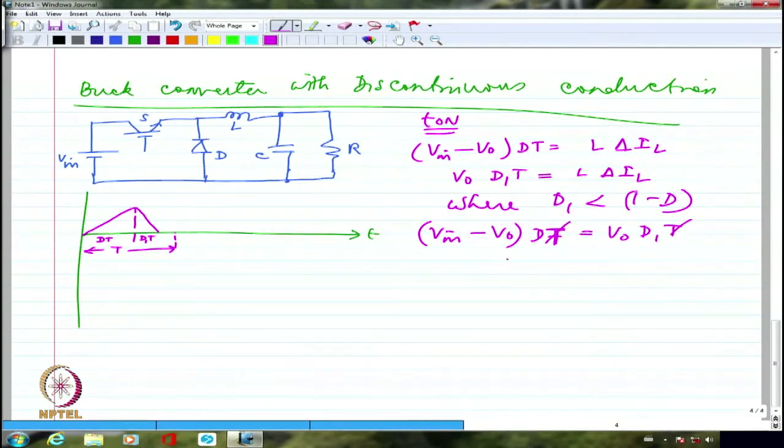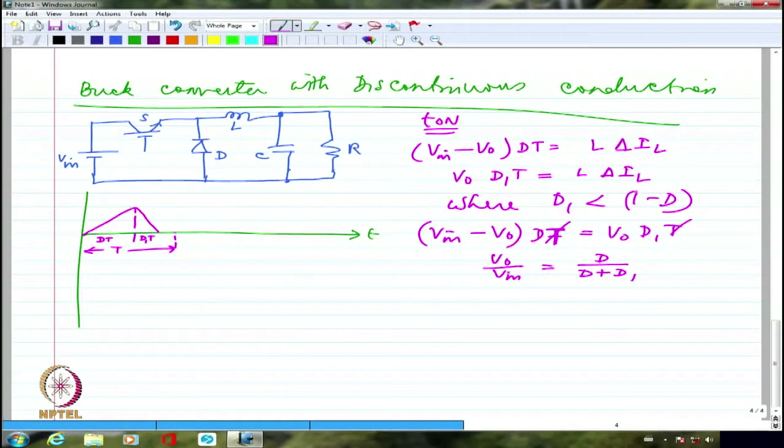So V naught divided by V in is going to be equal to d divided by d plus d1, right? When it was continuous conduction, d1 was equal to 1 minus d. That's why we could get d divided by 1. So it was simply d times V in equal to V naught, right?